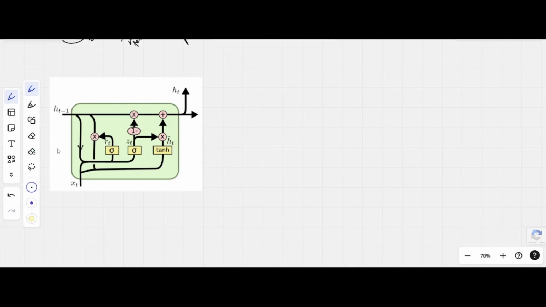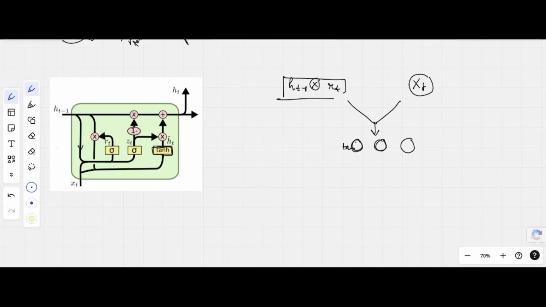So we understood the reset part, and now we are reaching this stage. What we are doing here is taking our reset hidden state, and we are taking our xt as input, and we are passing it through a single-layered neural network, where every node has an activation function of tanh, and the output that we are getting from here is a vector which we call ht tilde.